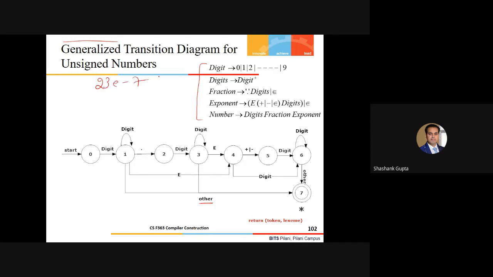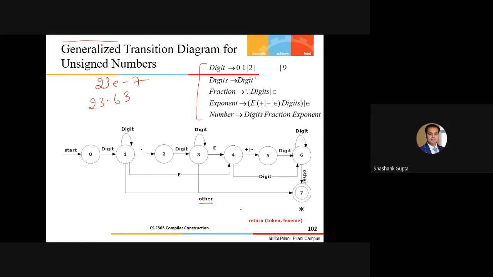So for that, from state 1, this will again consume the exponent E, and it will go to the state 4 here. Otherwise, when it has consumed the fractional part, it is quite possible that it will just accept this thing. So again, from third state to the 7, it has consumed the other part here.